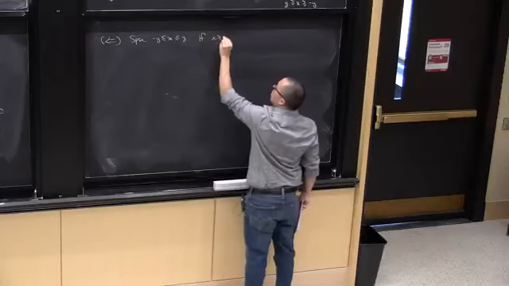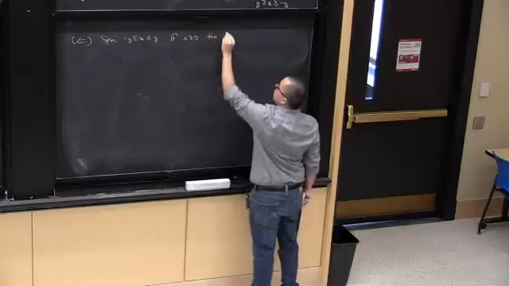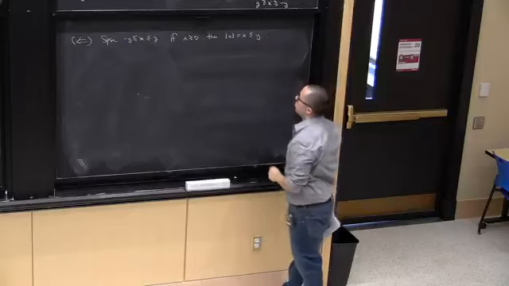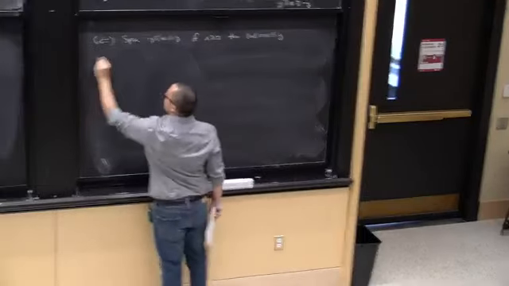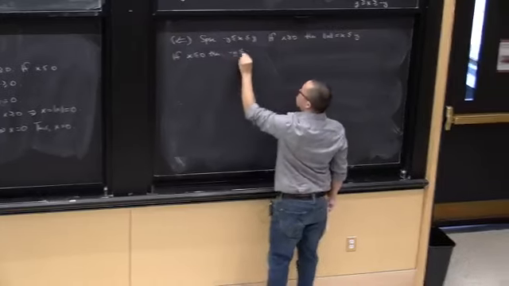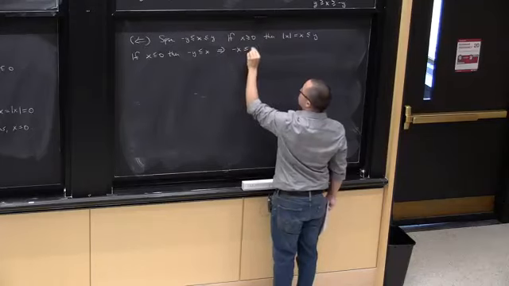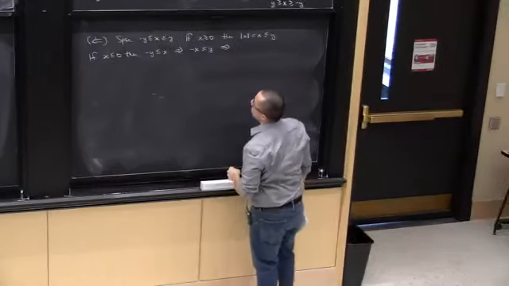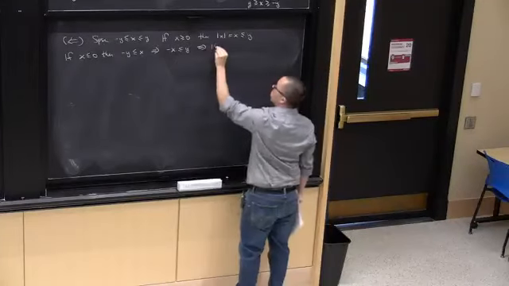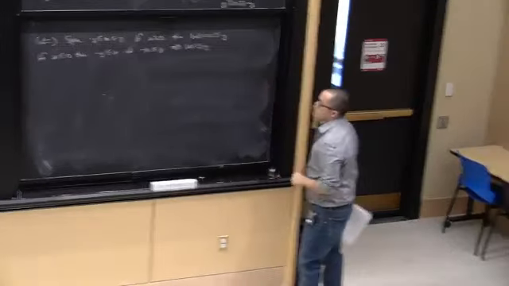So if x is bigger than or equal to 0, then the absolute value of x is equal to x, which by this inequality is less than or equal to y. If x is less than or equal to 0, then minus y is less than or equal to x implies that minus x is less than or equal to y. And because x is negative, minus x is equal to its absolute value. And therefore, we've proven the absolute value of x is less than or equal to y.